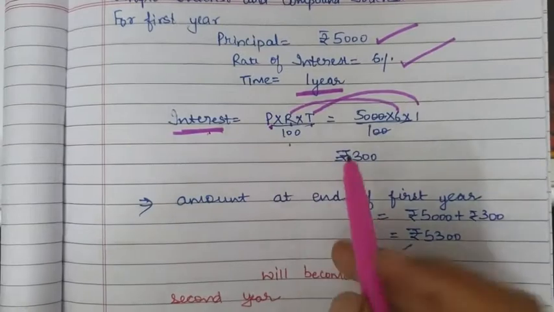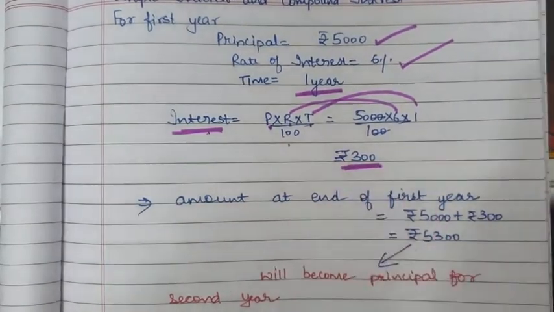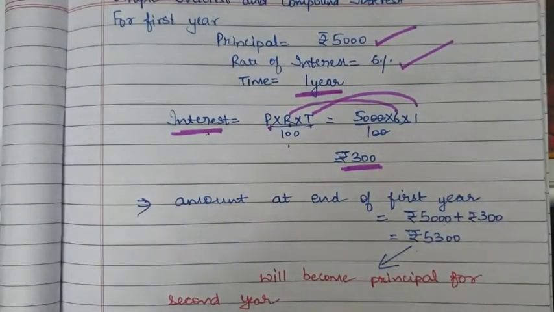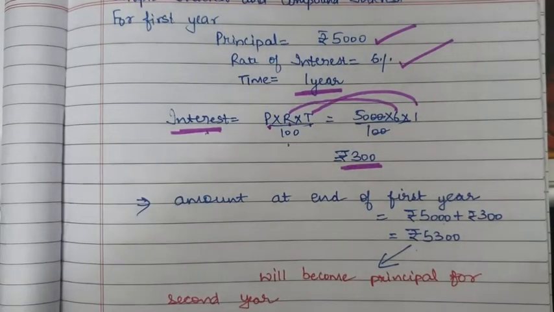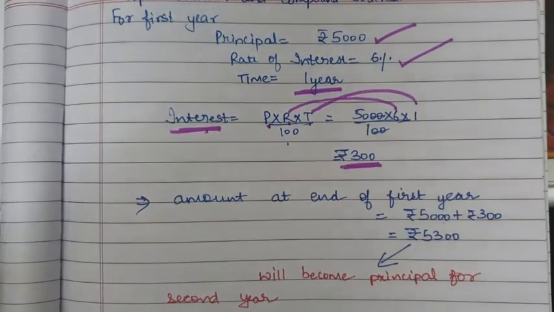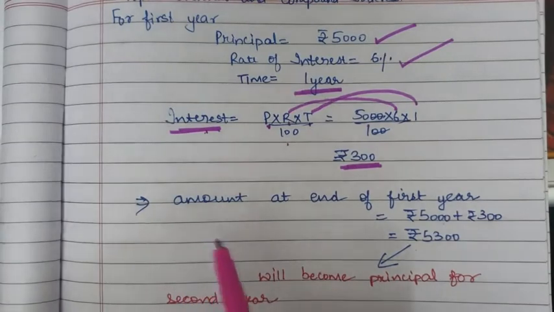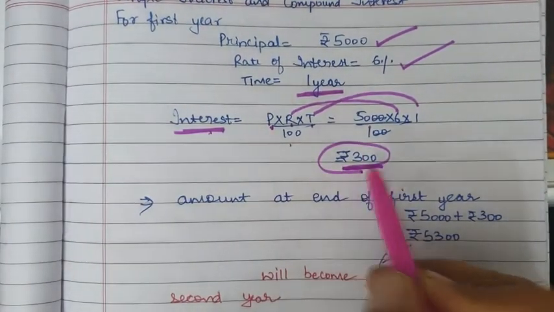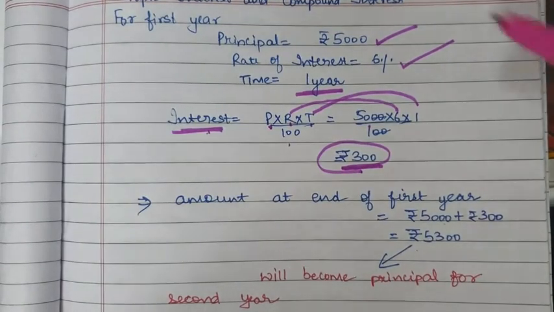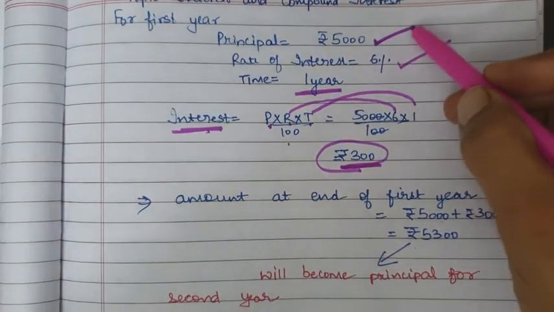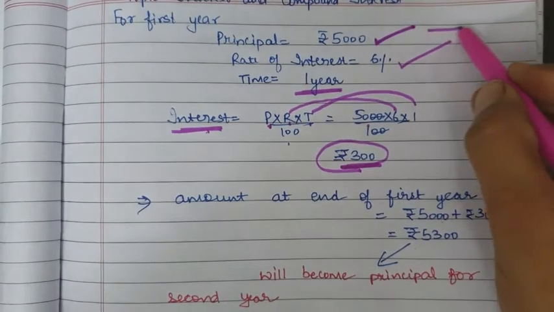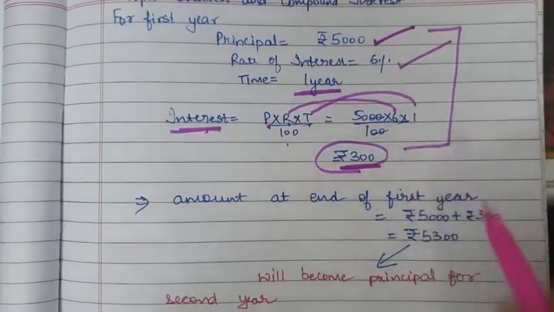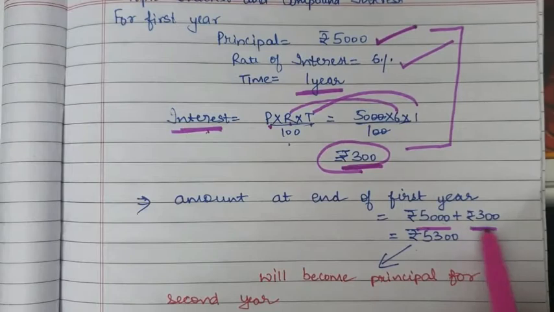So on calculation, interest we get is 300 rupees. Now children, this is the interest he is getting for the first year. And what was the principal? 5,000. Now add principal and interest.